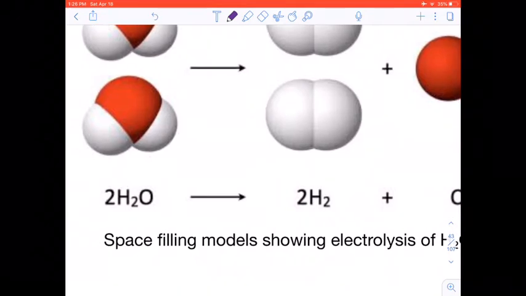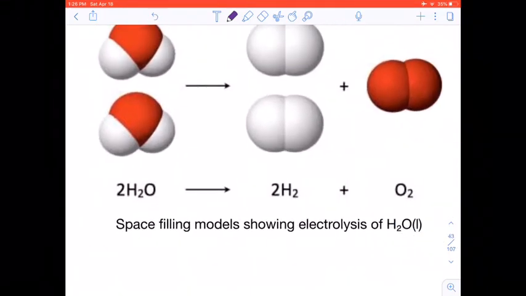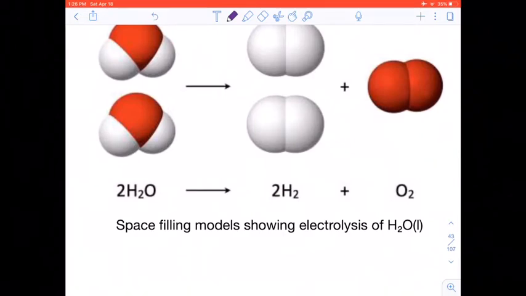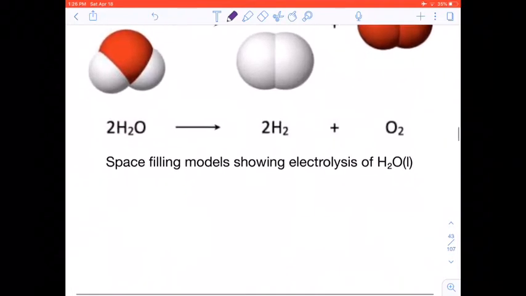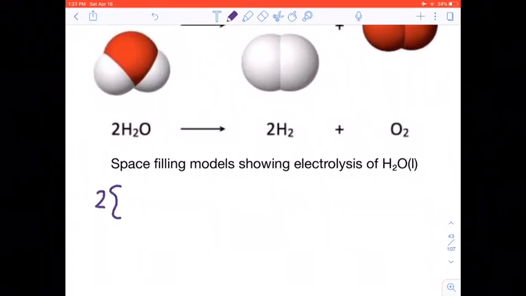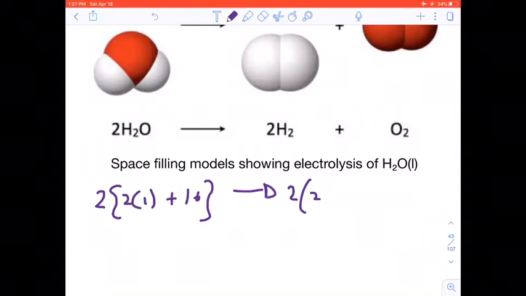Let's go to the next one. Here we have the water molecule, and again, we can illustrate the same thing where we've got 2 times 1 plus 16, and that gives us 2 times 2 times 1 plus 2 times 16, which would then be 18 times 2, which is 36.